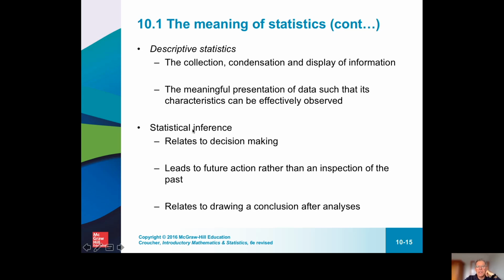A statistical inference is when we use the gathered data to make predictions either about the future or about the rest of the population. So every time we gather data about the sample and then try and predict what the rest of the population might be, that's inferential statistics or a statistical inference. We draw a conclusion based on past data as to where we might be going in the future.